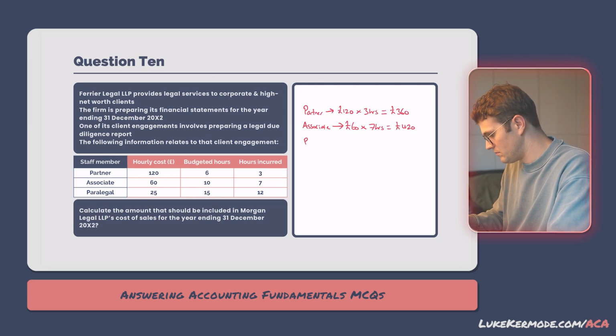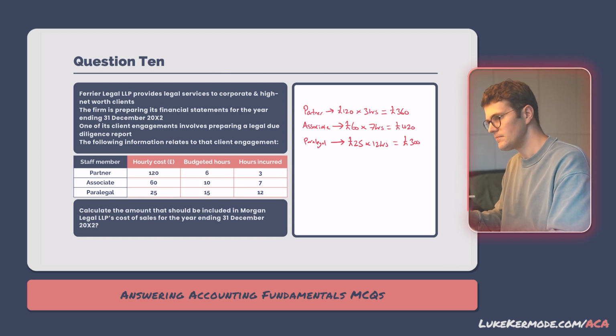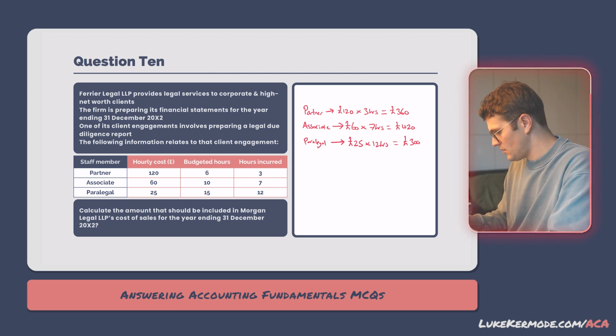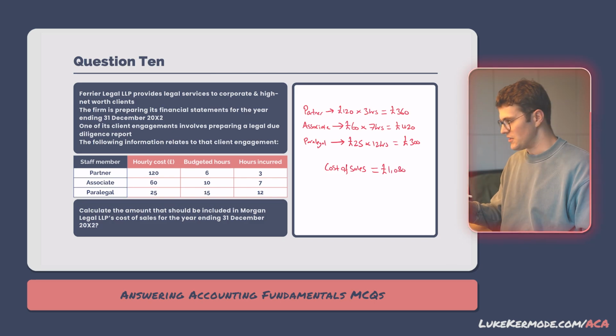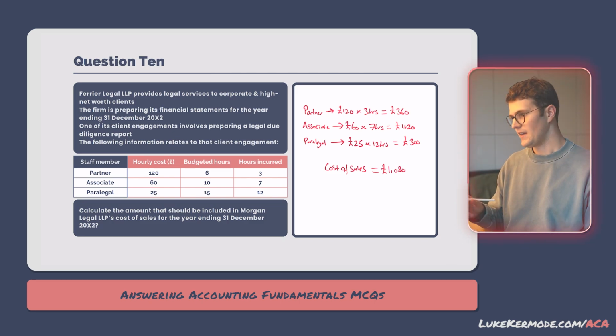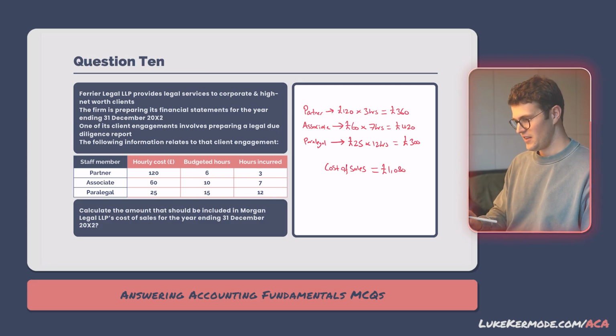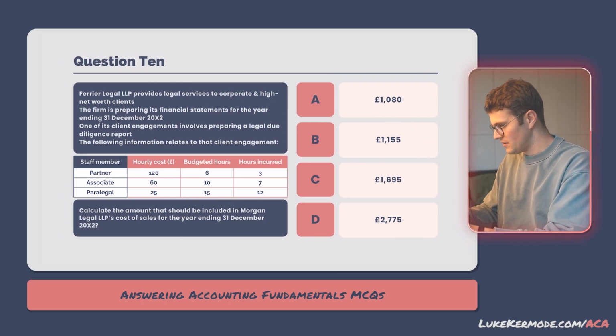And the paralegal has an hourly rate £25. They incurred 12 hours, so their cost is equal to £300. So we add these all together to get a cost of sales figure for the period equal to £1,080. That's the total direct labour cost the business incurred, and that's the figure that should be included in the partnership's cost of sales for the year. So the correct answer to this question is A.